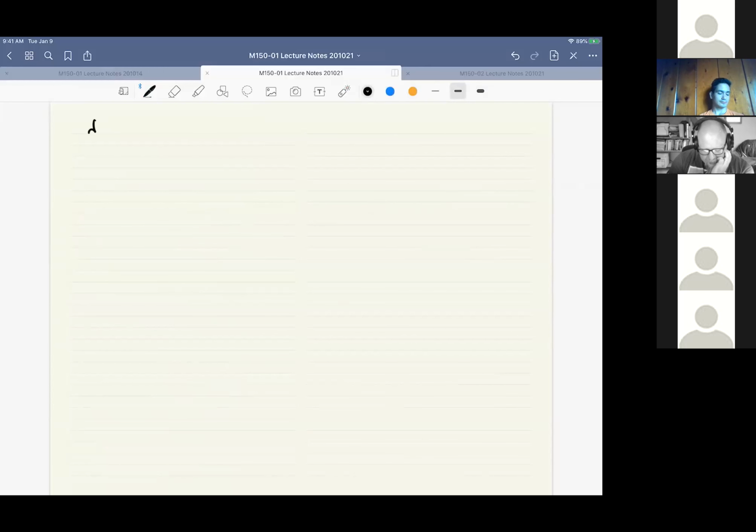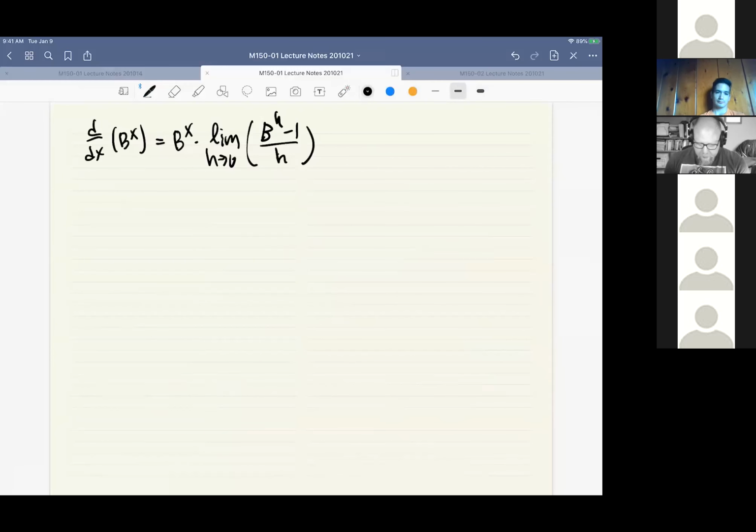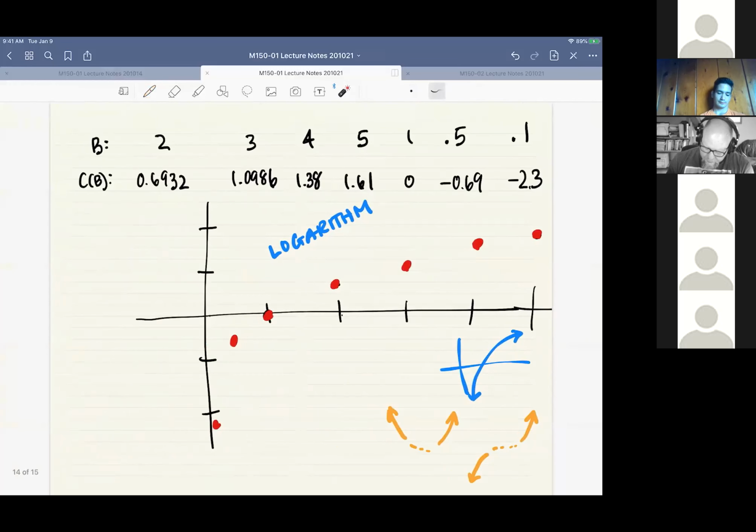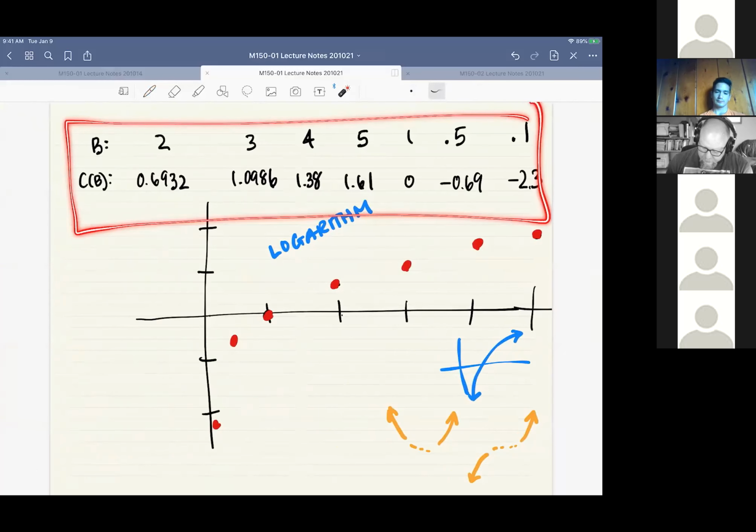Let's go back to this idea that the derivative of b to the x is equal to b to the x times the limit as h goes to 0 of b to the h minus 1 over h. Right, and we just spent some time looking at these limits on this table here, because this is a table of those limits.